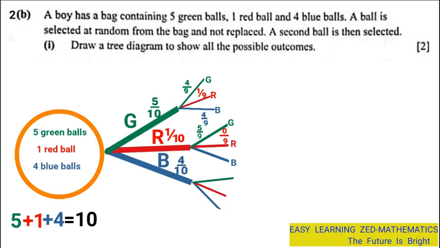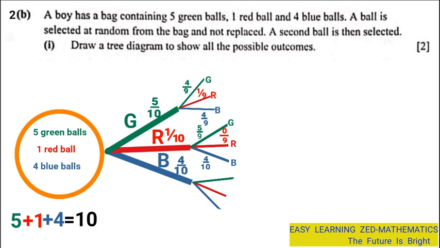That means we're going to have 4 over 9, not 4 over 10. That was an error to write 4 over 10. It should be 4 over 9. So the probability of picking a blue ball for the second time is 4 over 9, not 4 over 10.